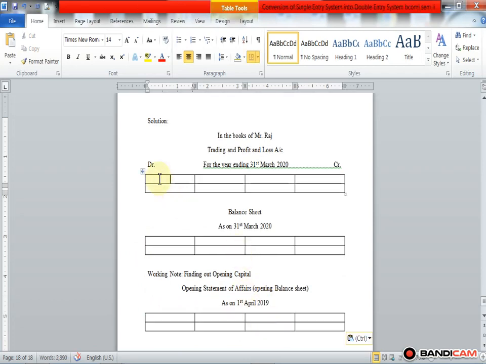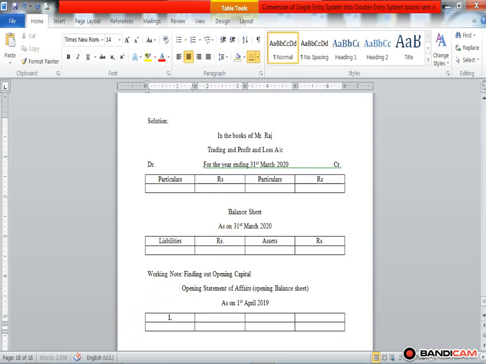So here, debit side, particulars, rupees, particulars, rupees, then liabilities, rupees, assets, rupees.